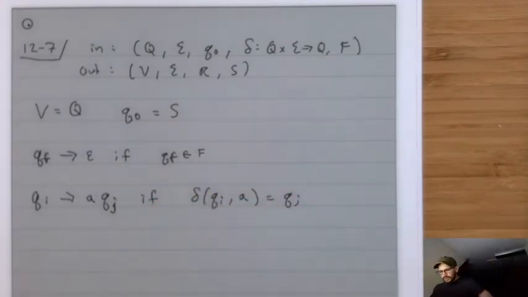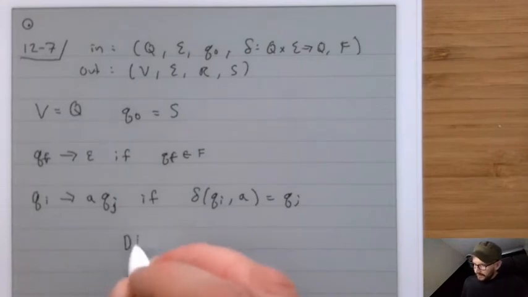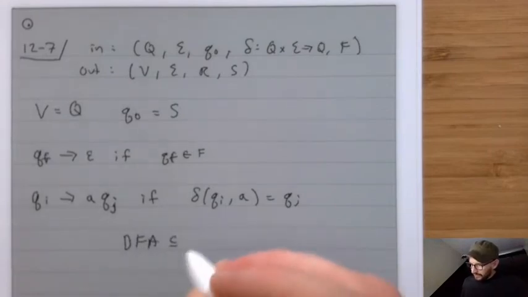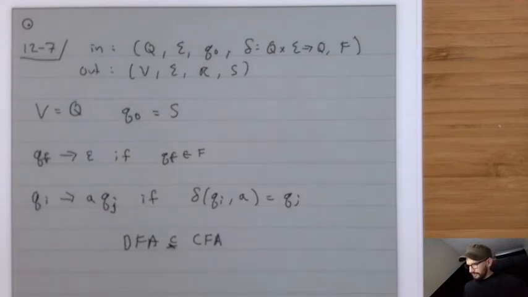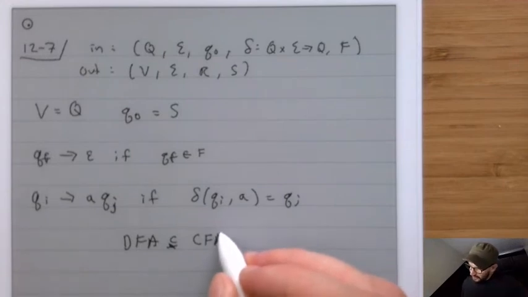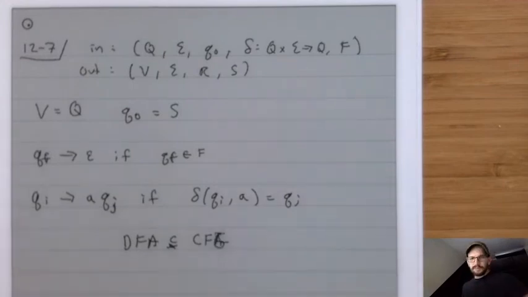Okay, so what this shows is that DFA is included inside of CFG. Sorry, I wrote CFA, but I meant to write CFG. And it is a proper inclusion, they're not equal. In other words, we now know that our picture is like this.